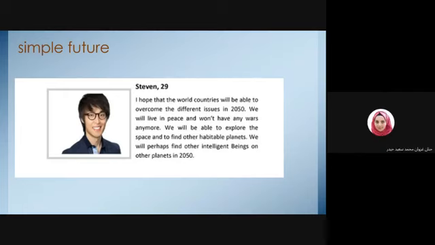Stephen in 2050, I hope that the world countries will be able to overcome the different issues in 2050. We will live in space and do not have any wars anymore.